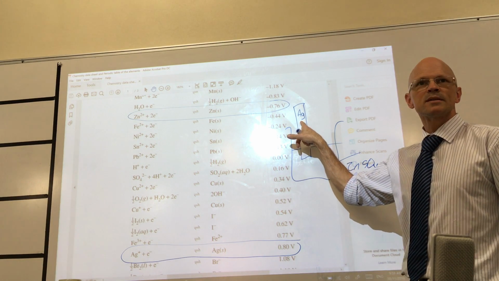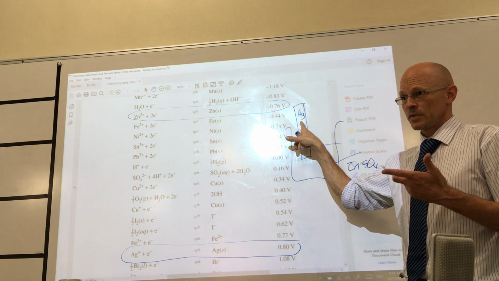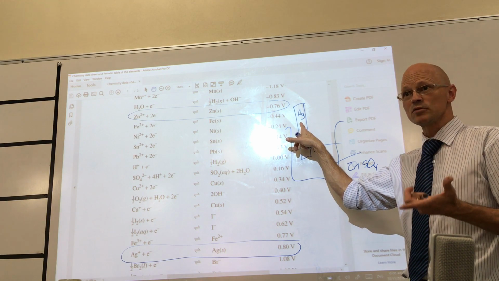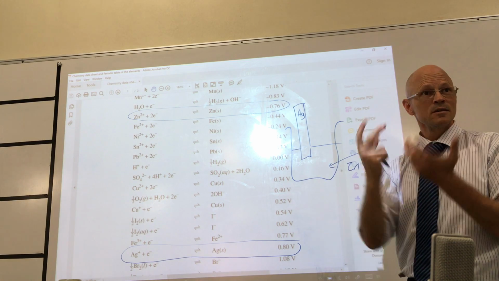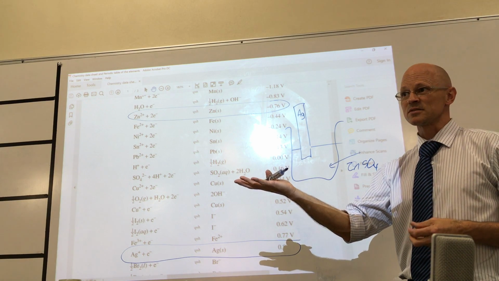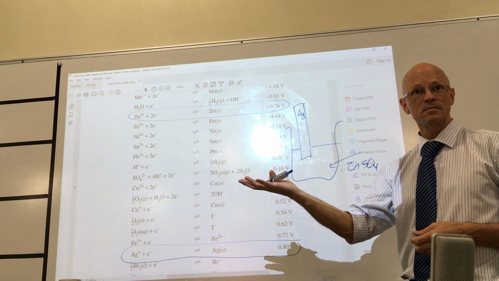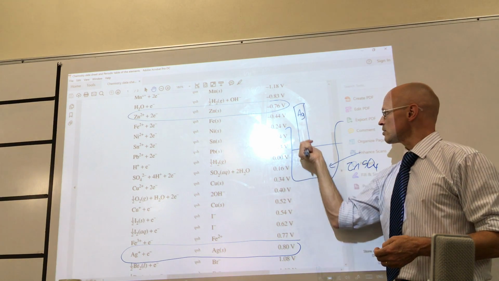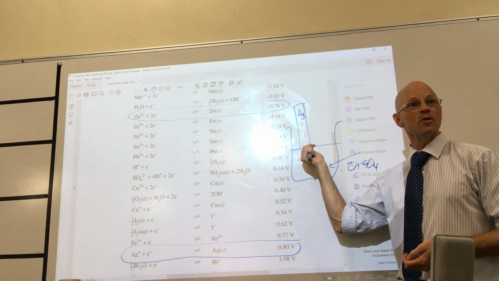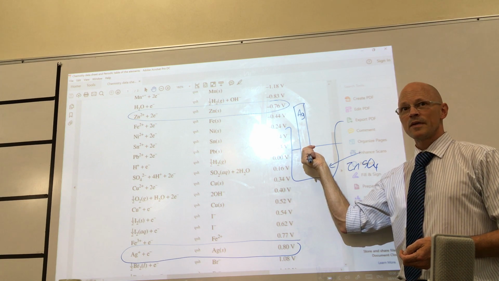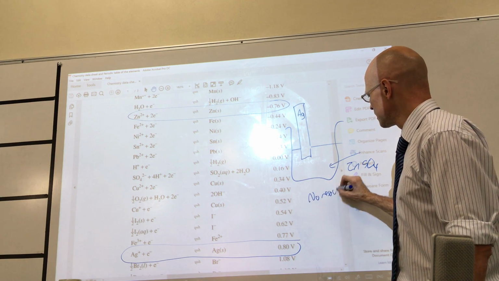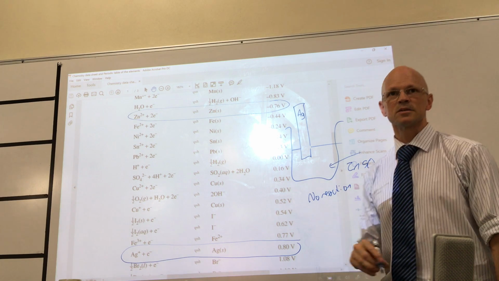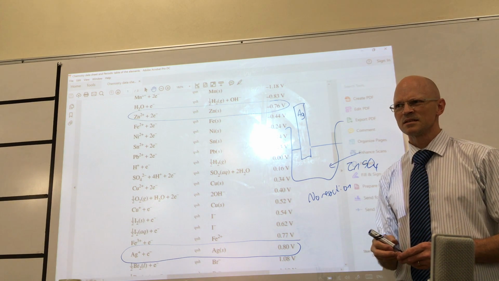This is not silver ions, it's just straight silver. That means it's already got all of its electrons, it's not going to grab any more. Therefore, for this one, I'm going to have no reaction. Does that make sense?